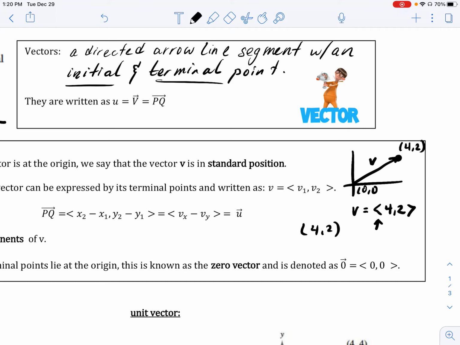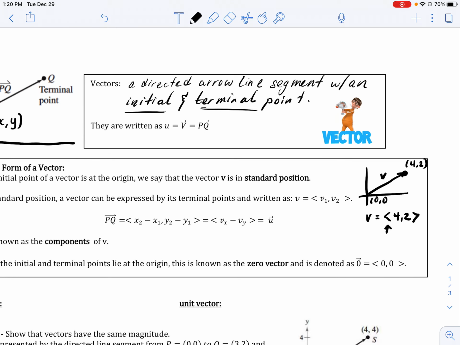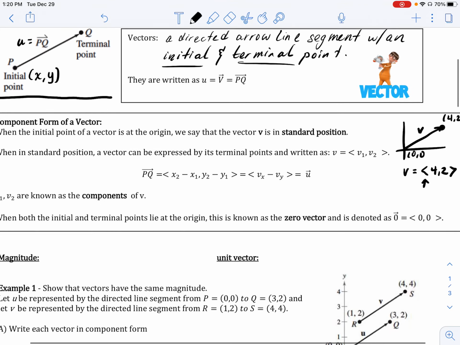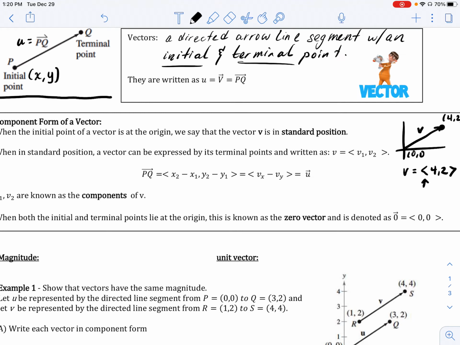But with those angle brackets, it indicates that these are the terminal points of our vector. When you have a vector that's written in this form, we say that this is component form. So the component form of a vector is when a vector is written with its initial point at the origin and described just by its terminal point.